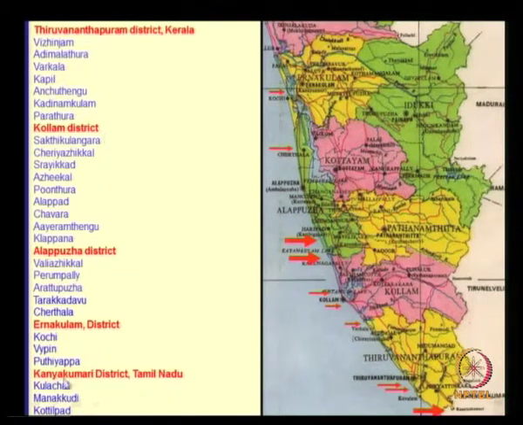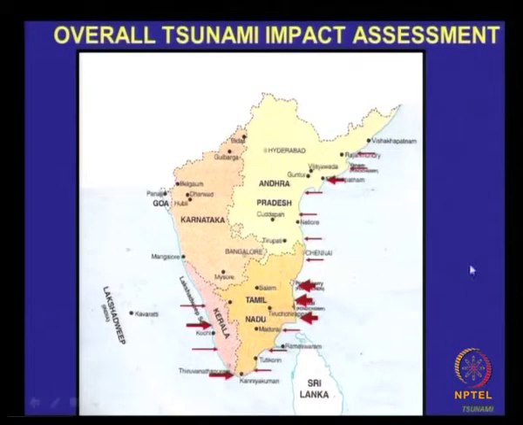The thick lines show the intensity with which the waves hit the coast. And here again is the overall tsunami impact. This is the area which was very badly affected, followed by these two areas, and Machilipatnam was one area that was affected, and all other areas were not much, but they had their own impact.